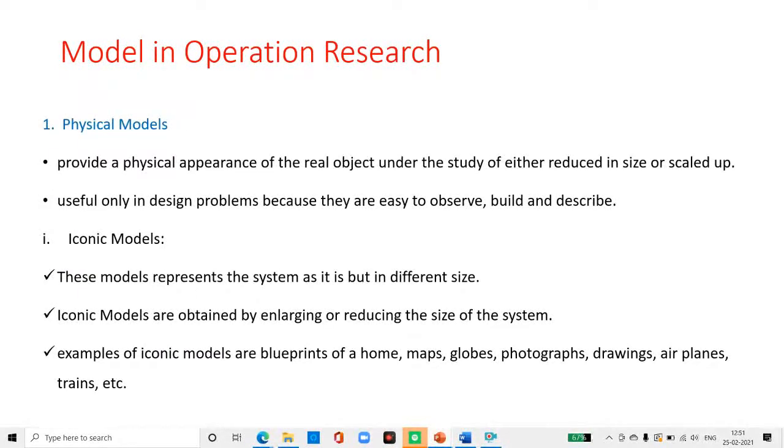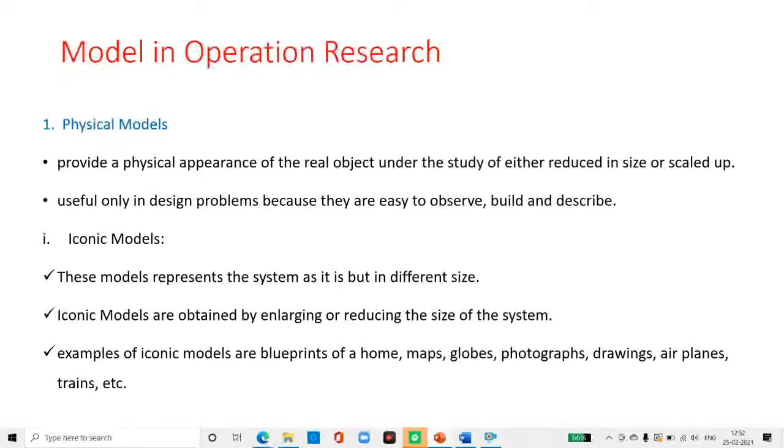The iconic model represents the system as it is but in a different size. Iconic models are obtained by enlarging or reducing the size of the system. In other words, they are images.